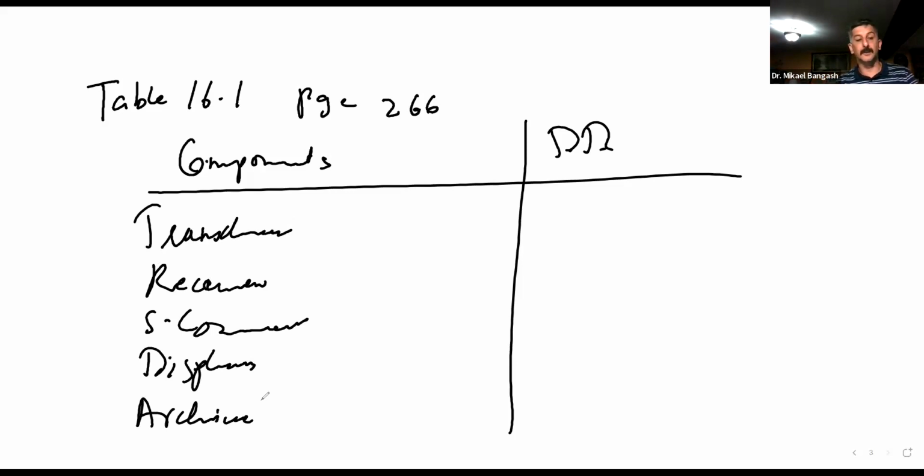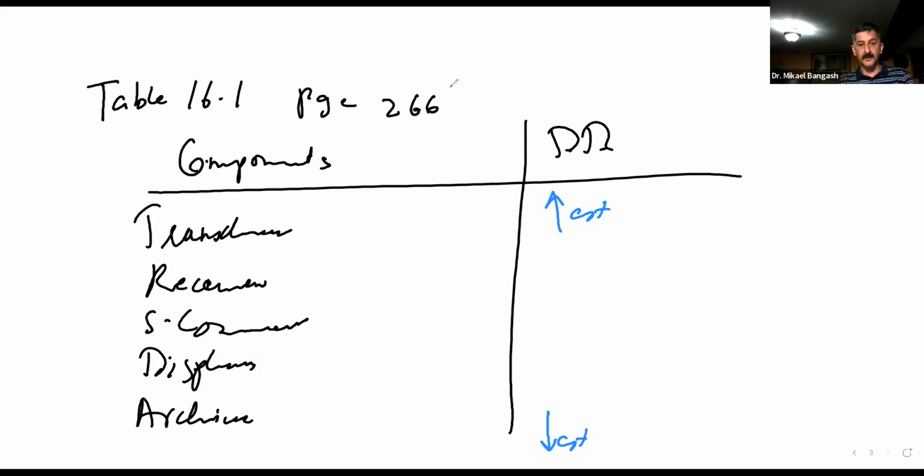Now this sequence here is evaluable in two ways. Mainly because, as we go from the transducer, which has the greatest dynamic range, to the archive, which has the lowest dynamic range, what does that tell you?